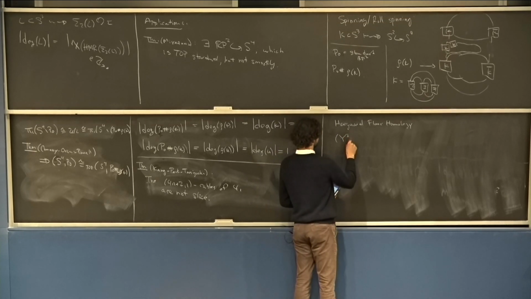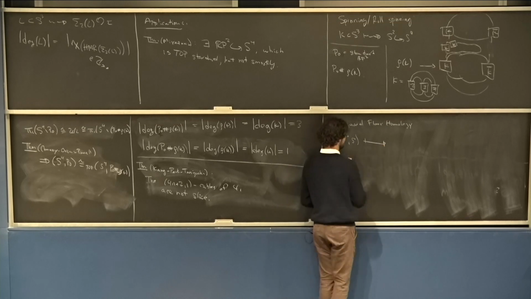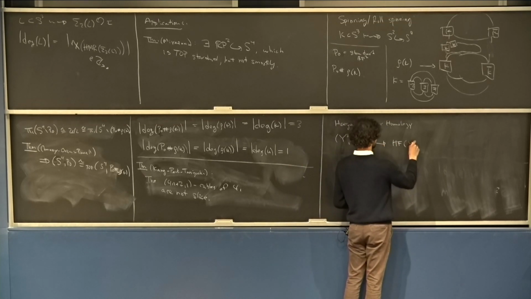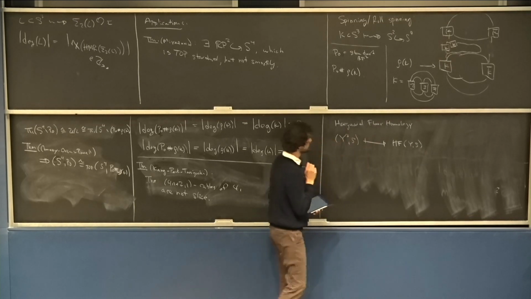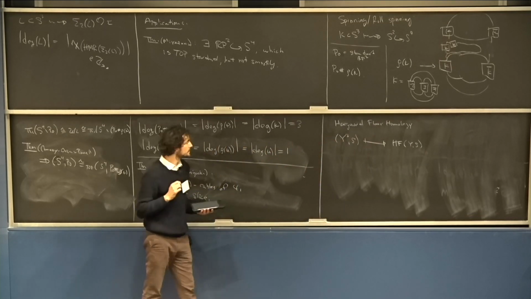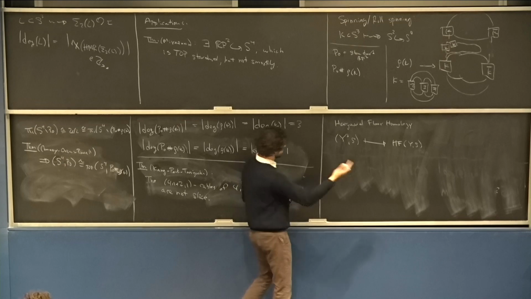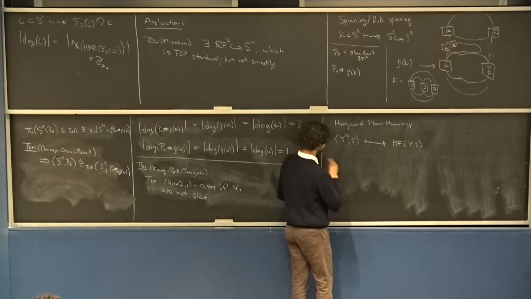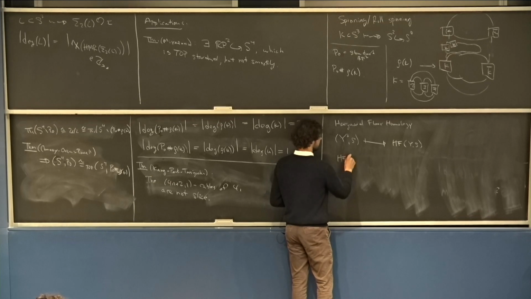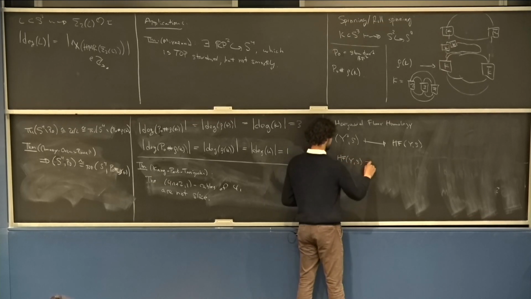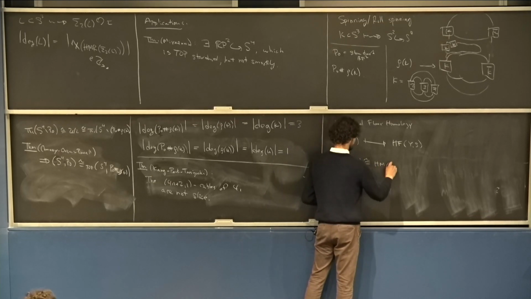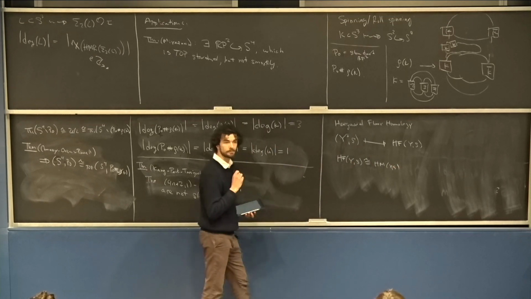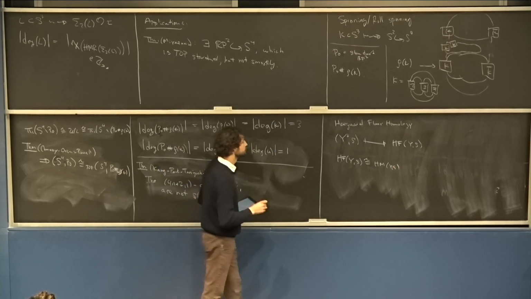I've got some 3-manifold with a spin C structure, and again, I associate to it some abelian group, HF of Y and the spin C structure, defined by Ozsváth and Szabó. And again, these are sort of functorial with respect to cobordisms. And we know the Heegaard Floer groups and the monopole Floer groups are the same. But sometimes it's easier to do concrete computations on the Heegaard Floer side.